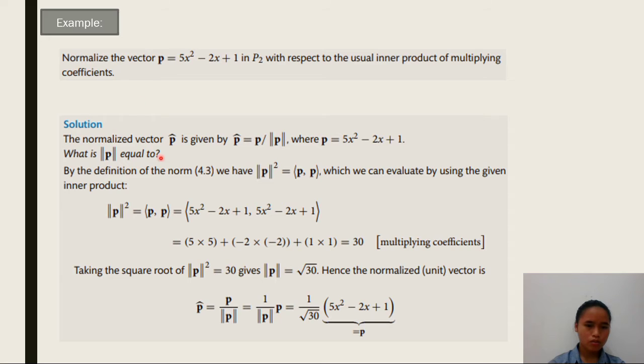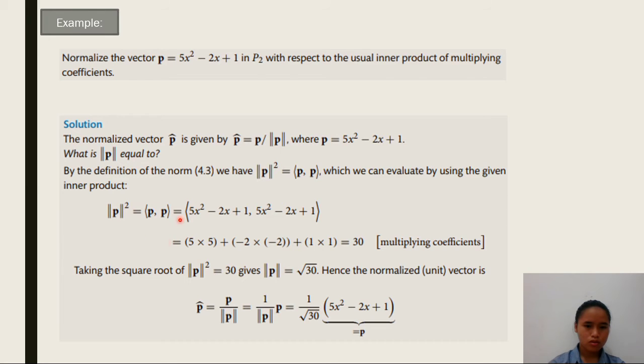The normalization of this vector P is given by the formula. So what is the length of P? The length of P squared is this.